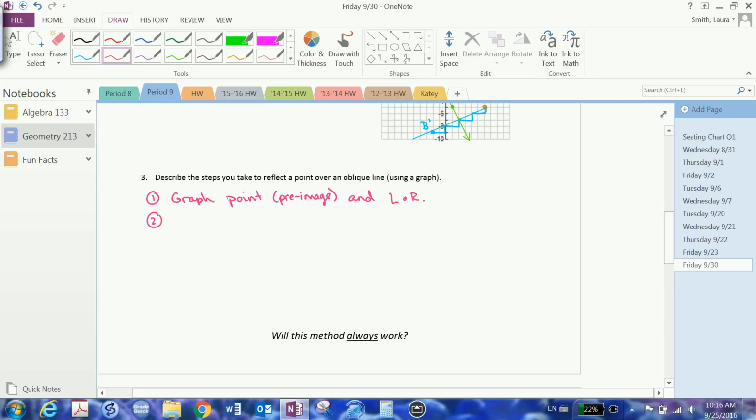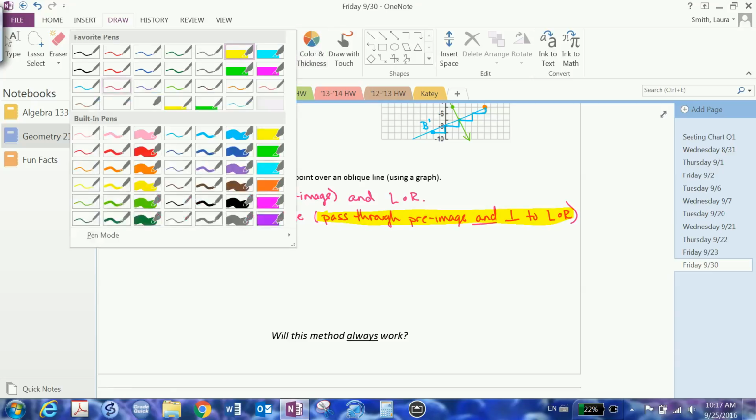And then we start with our working line. We're going to draw our working line. Remember that our working line has got to pass through the pre-image and be perpendicular to the line of reflection. Okay, those are really, really important.